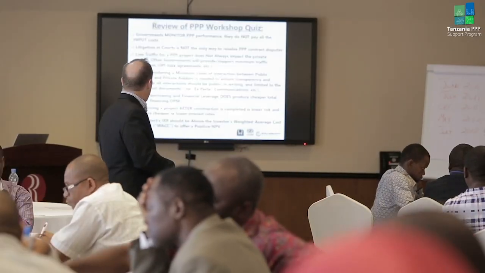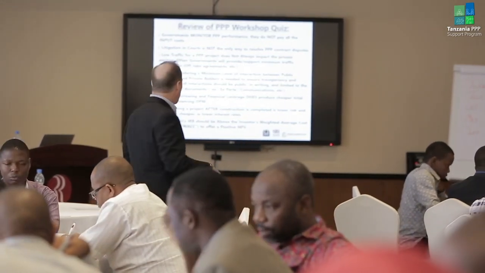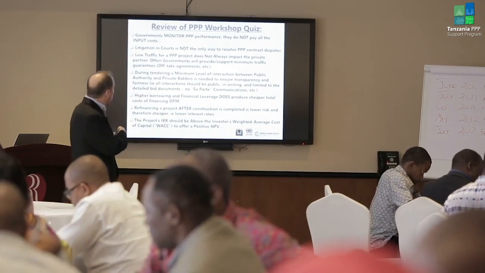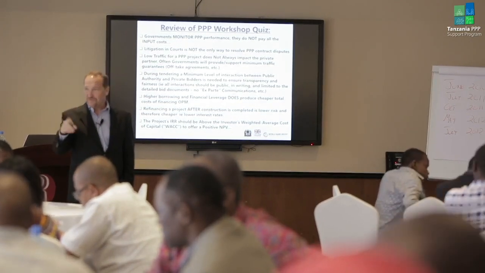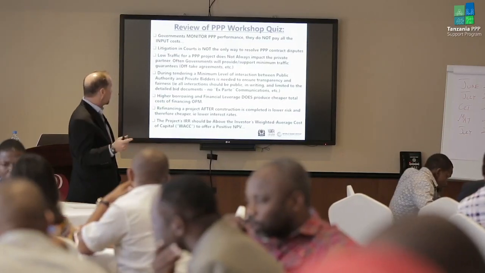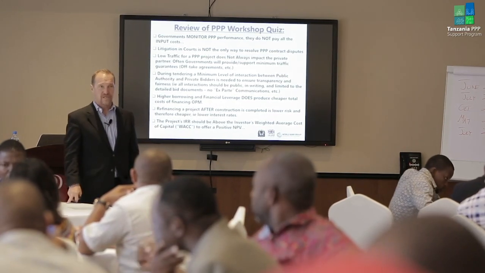Last group of questions, just to make sure that we're familiar with it. Want to make sure you're all prepared. Keep in mind that governments monitor PPP performance. They do not pay for input costs. Make sense? Okay, you'll see some questions that are worded that way. Next one, litigation in the courts is not the only way to resolve PPP disputes.